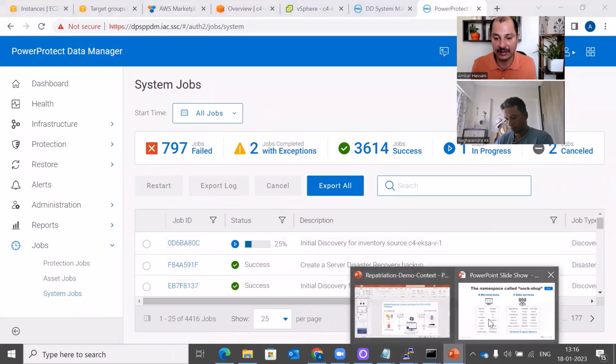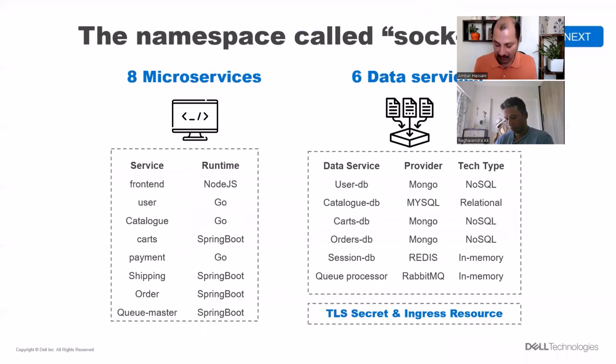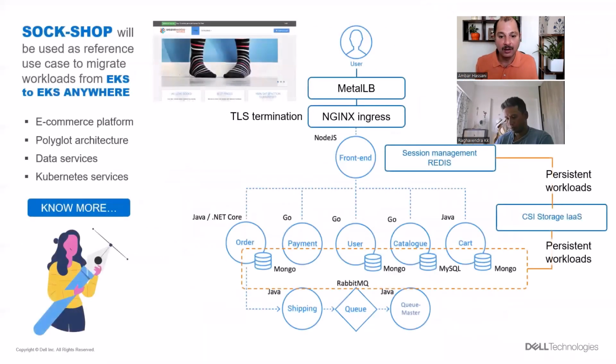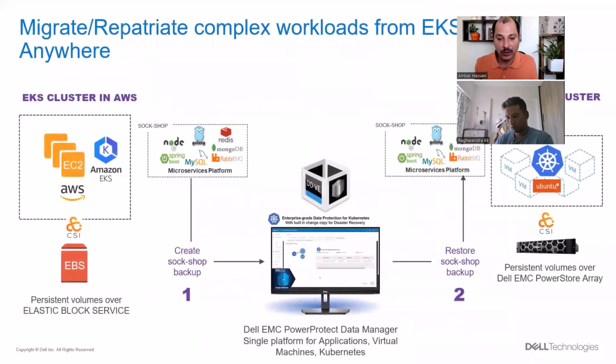At this stage, if you look at this slide, where we are in terms of the demo execution, we have now discovered this cluster and this cluster onto PPDM as assets. Making sense, Raghavendra? It has absolutely on target.